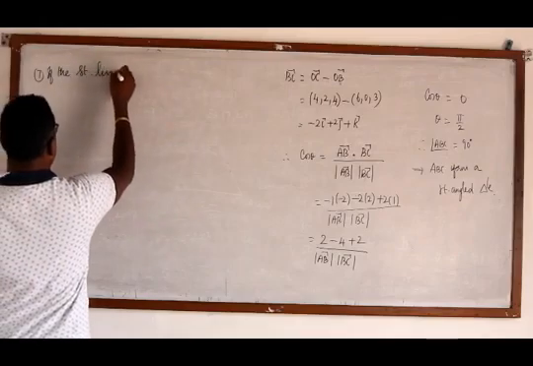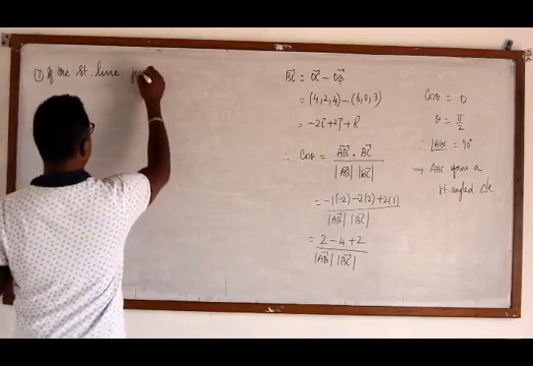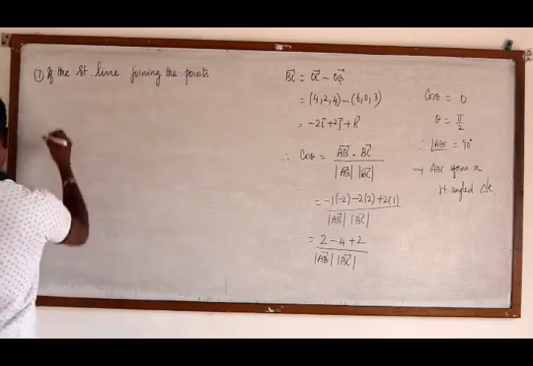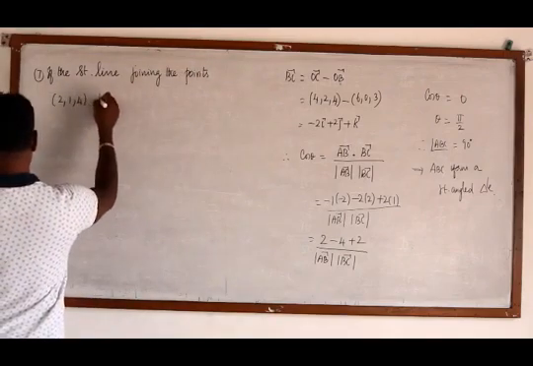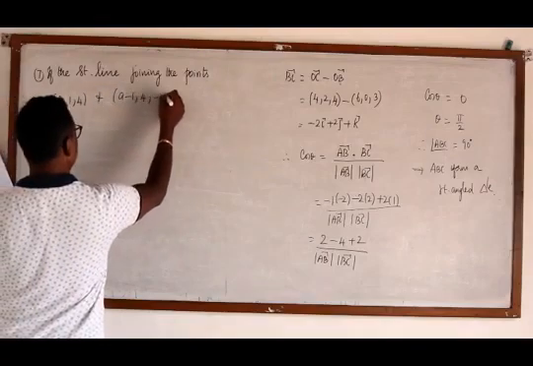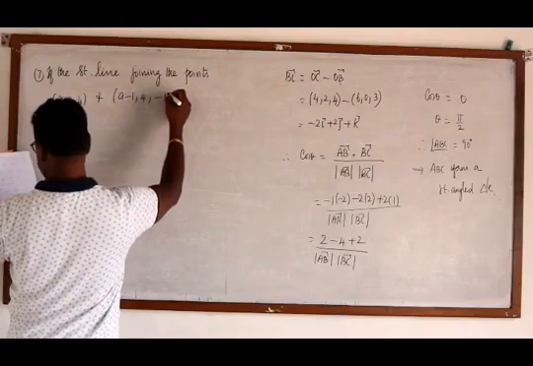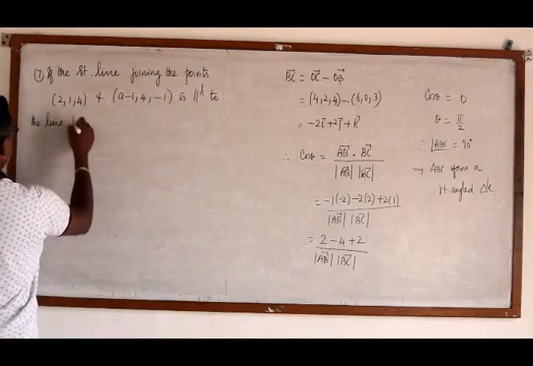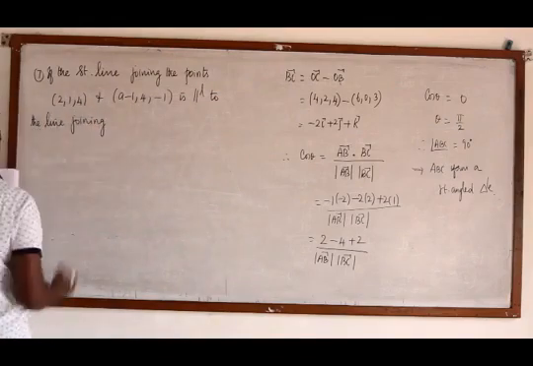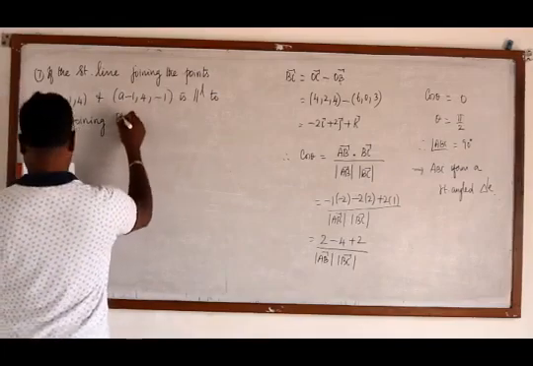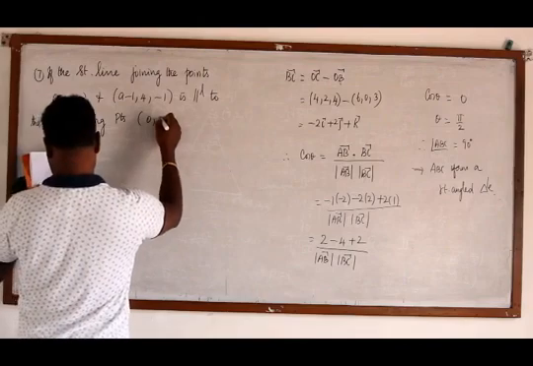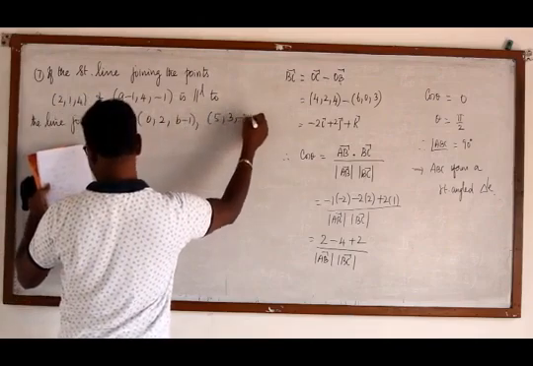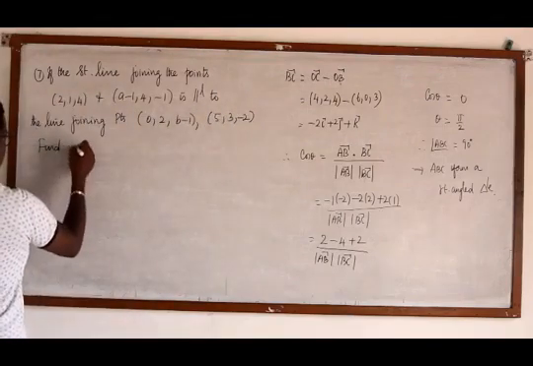If the straight line joining the points (2, 1, 4) and (a minus 1, 4, minus 1) is parallel to the line joining the points (0, 2, b minus 1) and (5, 3, minus 2), find a and b.